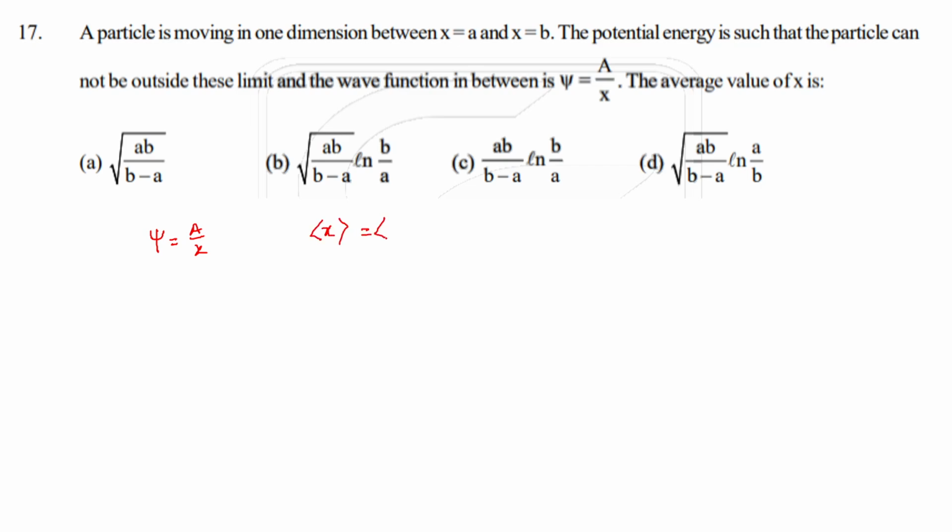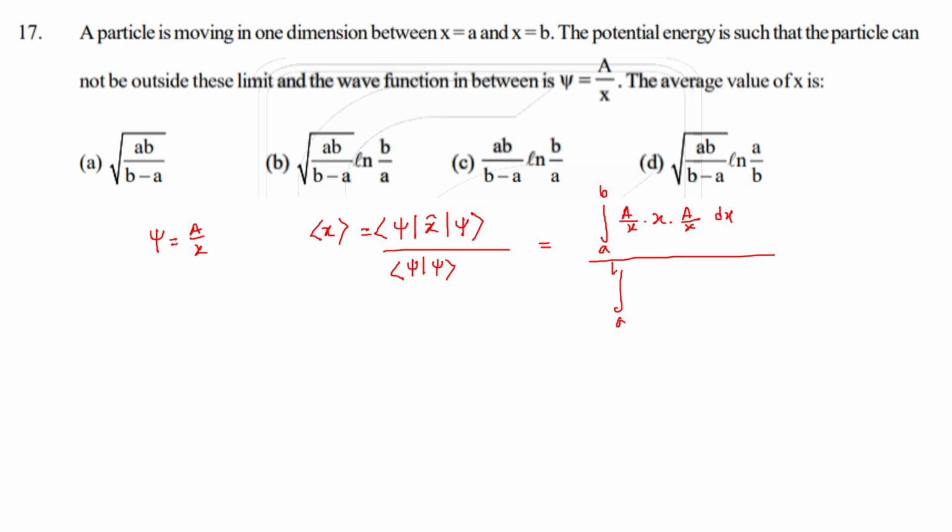The average value of x is given by the integral of psi x psi in the numerator, and in the denominator, since you don't know if it is normalized or not, you have to normalize it. It is from a to b, with a by x multiplied by x, a by x, dx, divided by the integral from a to b of a by x times a by x dx.